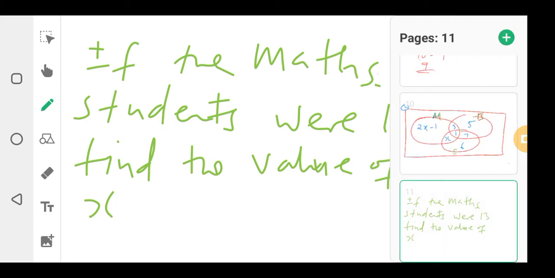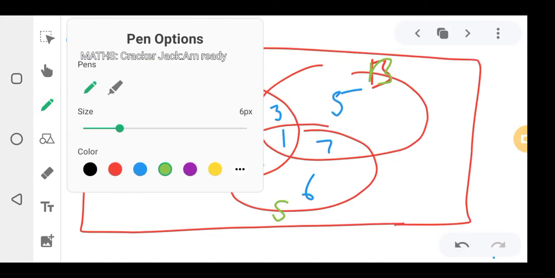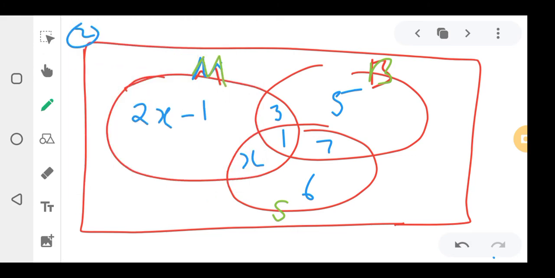So you go to the circle for maths, because they said the math students were 13. So the entire circle, all these numbers in the math circle, when you add them, should give you 13. If they said biology students, you add the biology circle; if they said science students, you add the science circle.